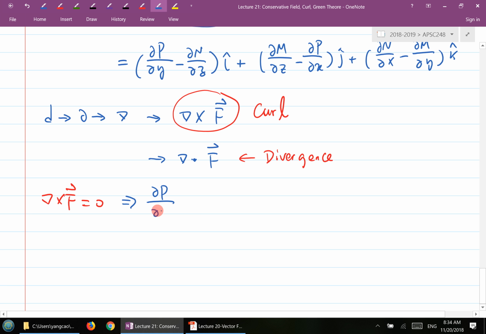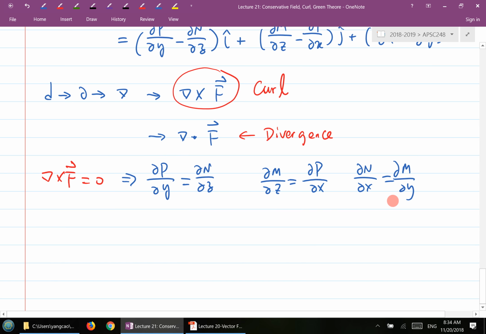So partial p over partial y equals partial n over partial z, partial m over partial z equals partial p over partial x, and partial n over partial x equals partial m over partial y. Good. So let's take a quick look at an example. How can we apply this theorem to check whether a certain vector field is conservative or not?